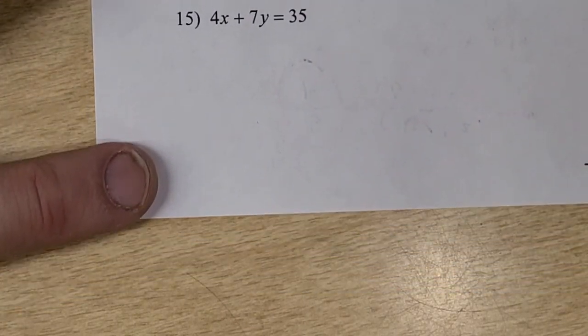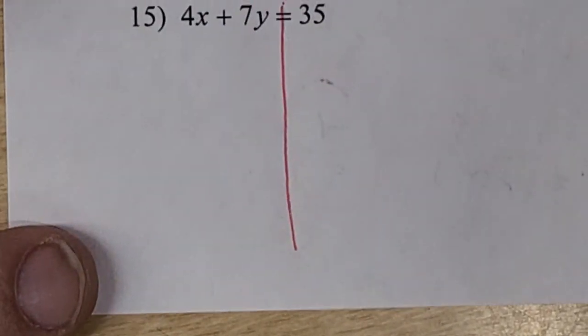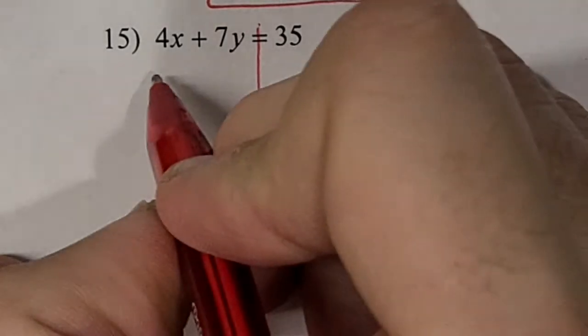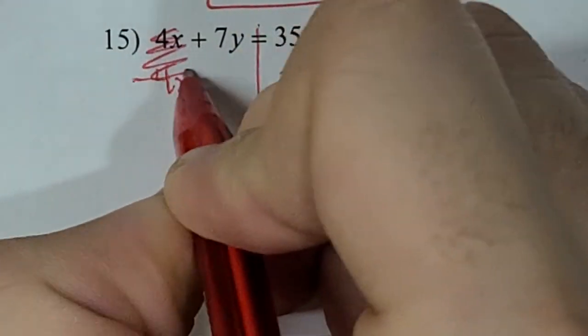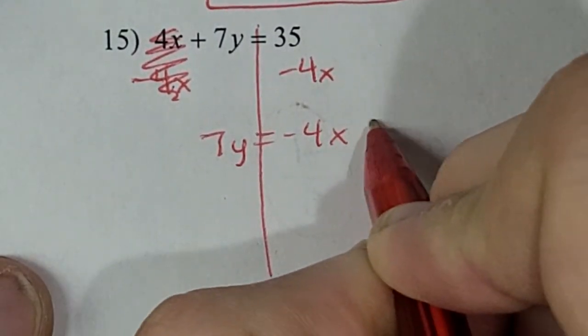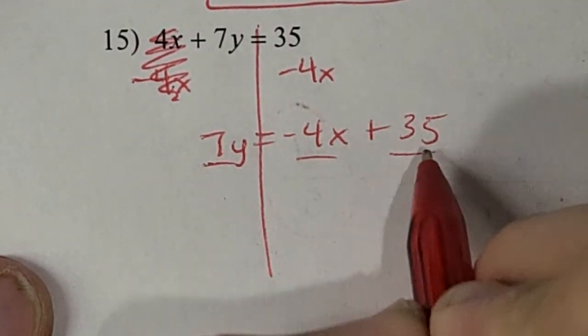All right, 15. A little closer. Okay. Same two steps. You should subtract 4x. 7y equals negative 4x plus 35. And then my last step here is divide by 7.